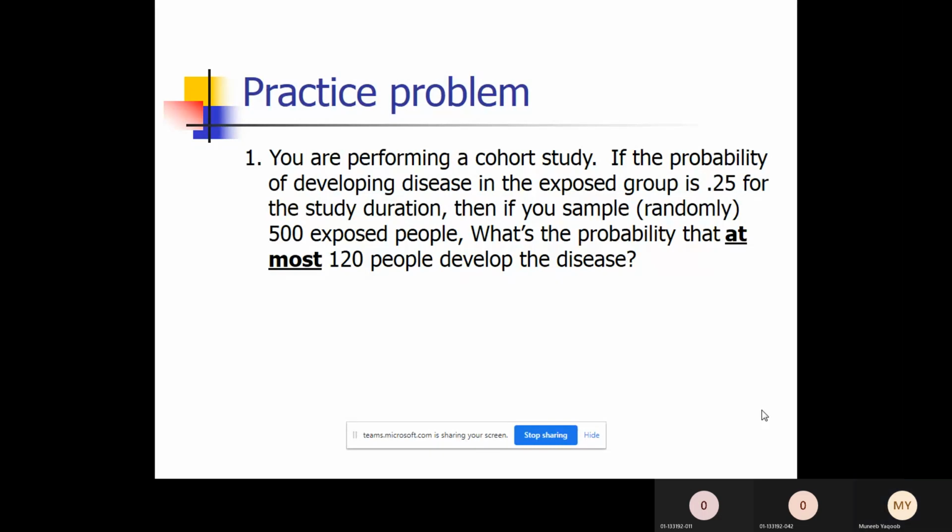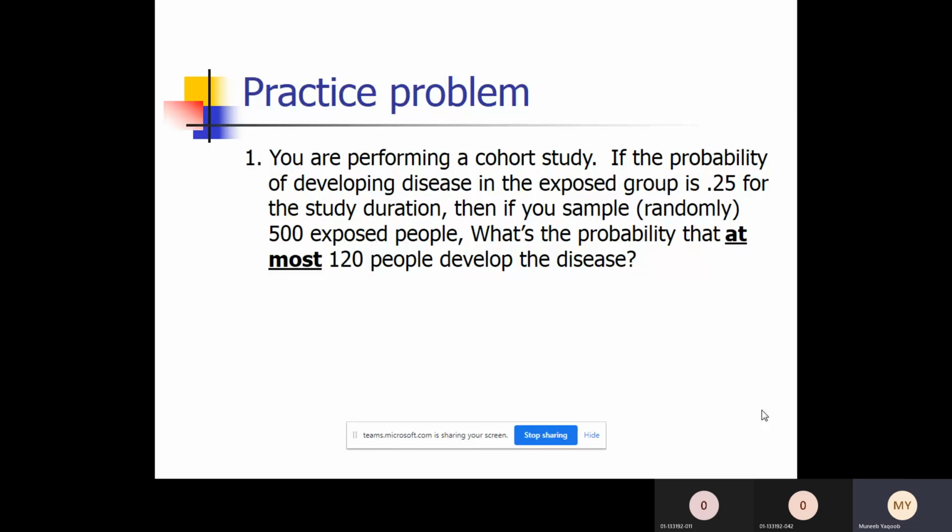Identifying the parameters of the binomial distribution, the number of trials n is 500, the probability of success is 0.25, and the probability of failure, 1 minus p, is 0.75.